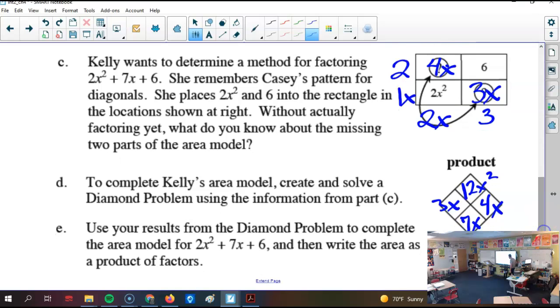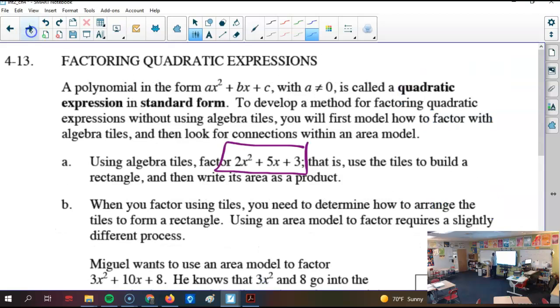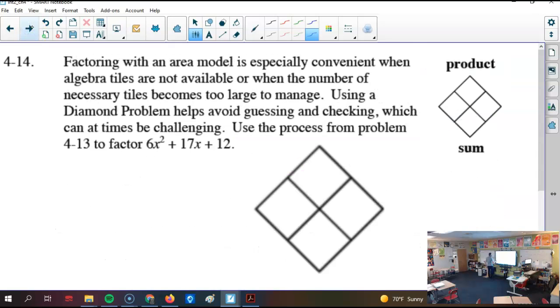All right. I copied the same page a couple times. Try this on your own, little bigger numbers.